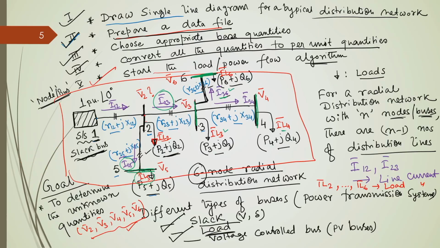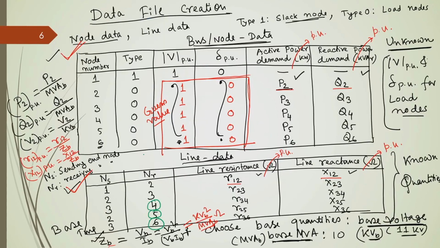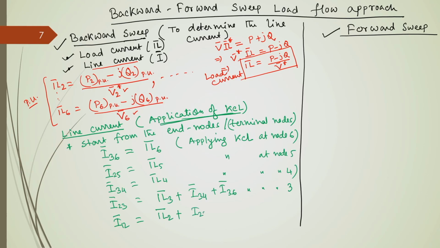If we apply KCL at node 2, I12 will be equal to IL2 plus I23 plus I25. All right. Okay. Now, this is how we compute all these line currents. These are all in per unit. So, this is how we calculate all the line currents.